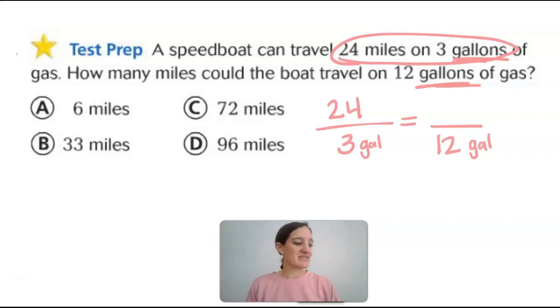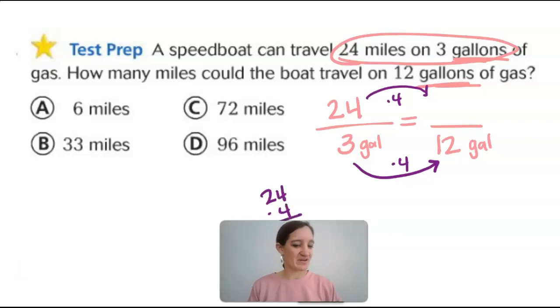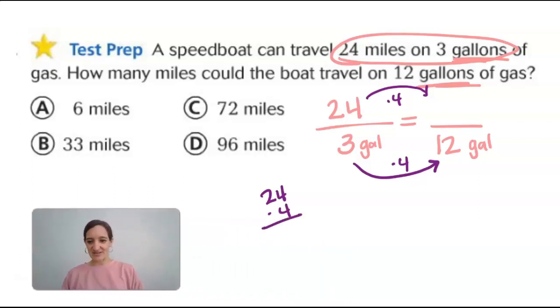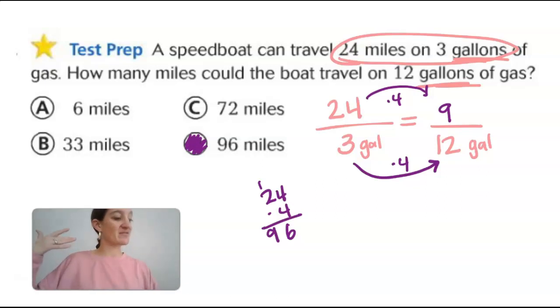And I notice that there's a times by 4 relationship here. So if I times by 4, 24 times 4 is 96. Does that make sense? Yeah, because I had 4 times the gas, so I can go 4 times the distance, can I?